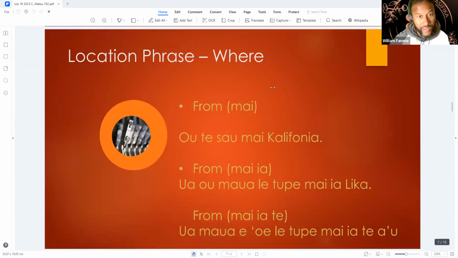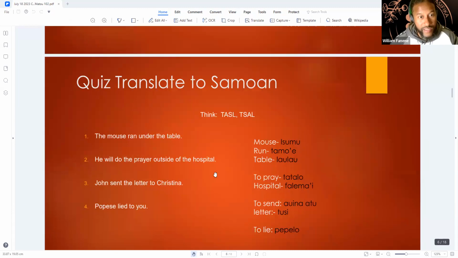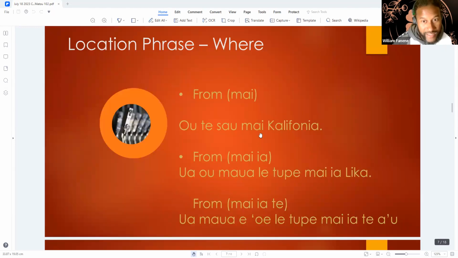We did kind of talk about these last time, but when we say e, remember e is like how we introduce when the action is going to something. When the action is coming from something, that's the opposite, right? So instead of e, think mai. All right, so ote sao mai California. So I come from.